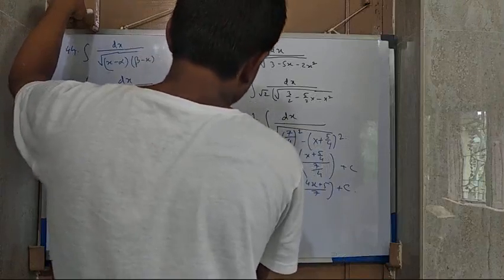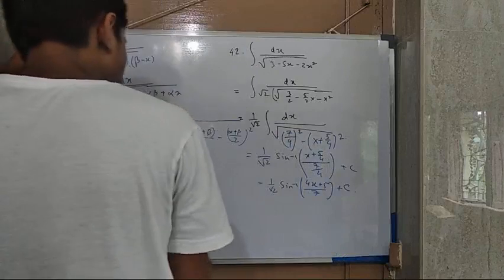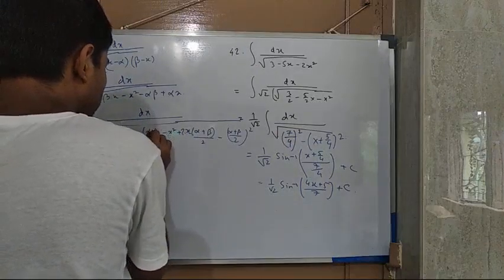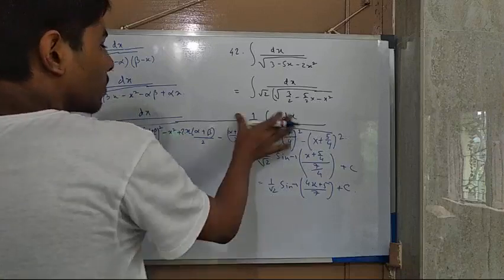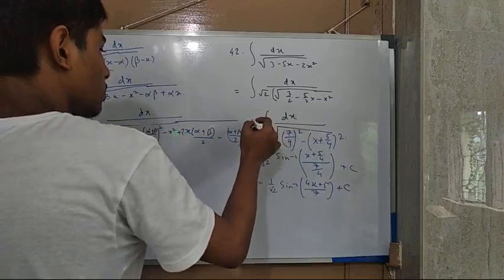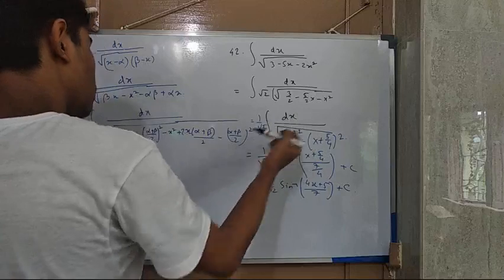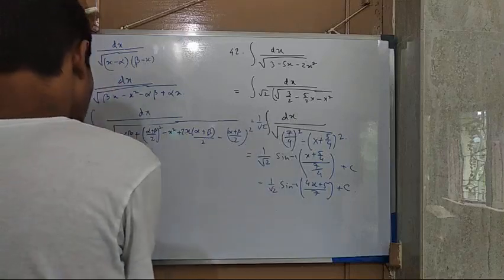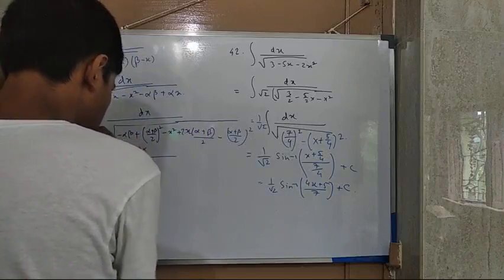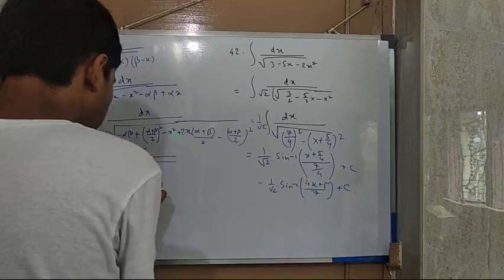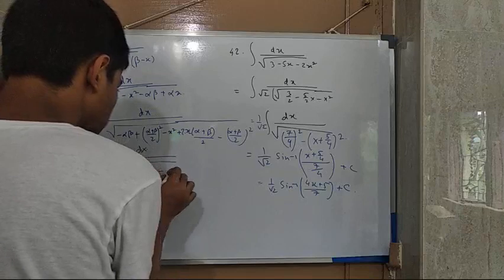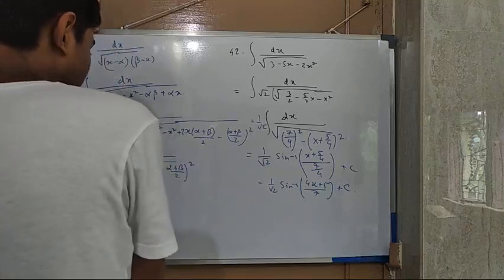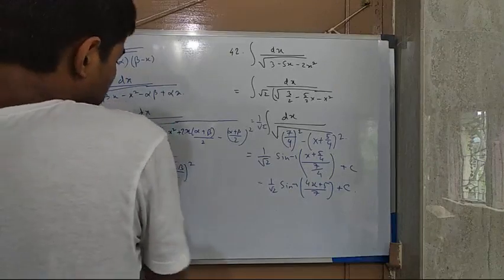Minus alpha plus beta by 2 whole square. Now here add that quantity, which is alpha plus beta by 2 whole square. So now a whole square is formed, which is minus of x minus alpha plus beta by 2 whole square, and we have to simplify this one.